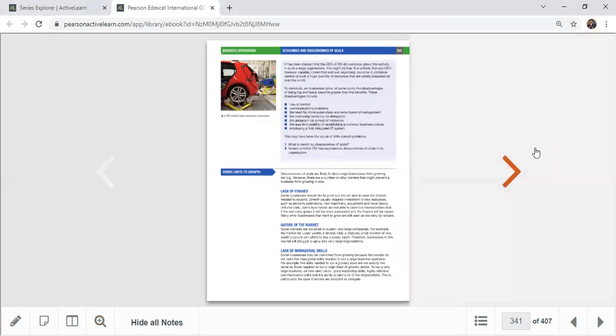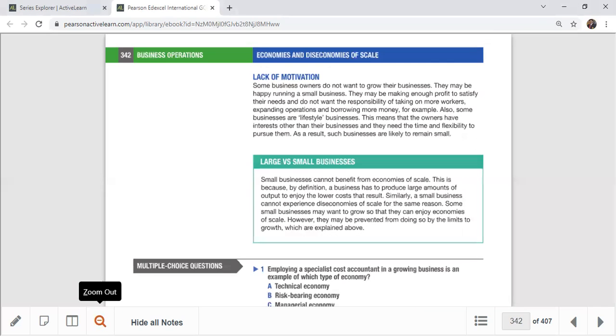Another limitation of growth is the lack of motivation. If you don't have any idea of expanding, if you want to always stay quiet and stable, then you don't need to expand. If you're not a risk taker to go further, then definitely you can't grow, because that's your capacity. That's the main difference between a small business and a large business. Compare a small textile shop downtown with Zara.